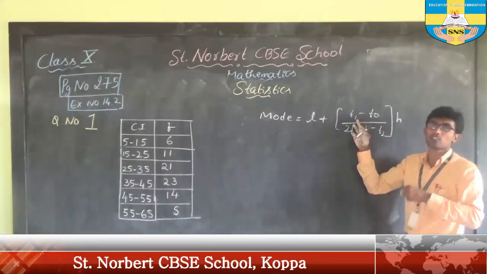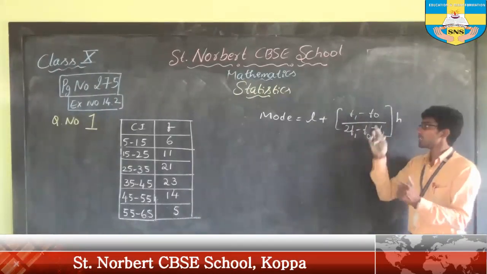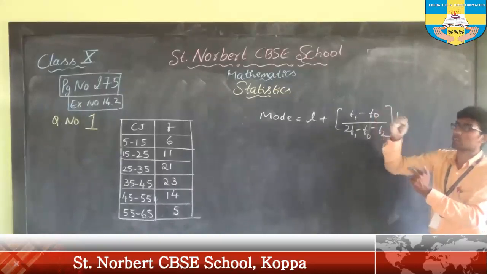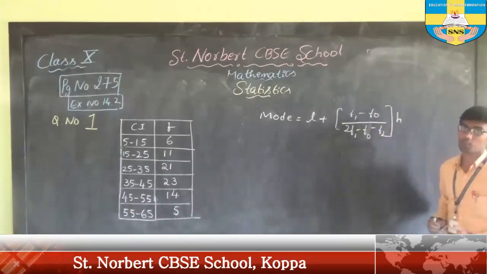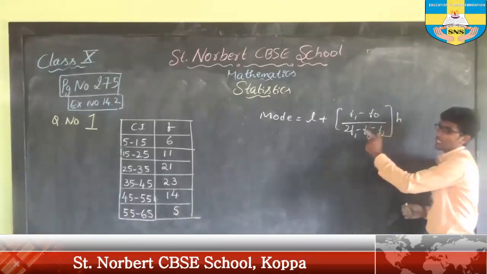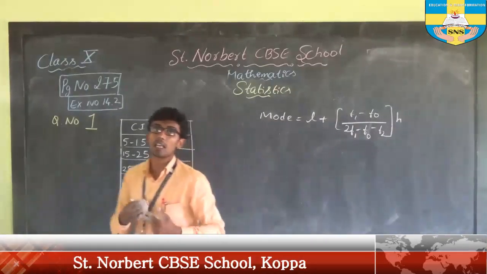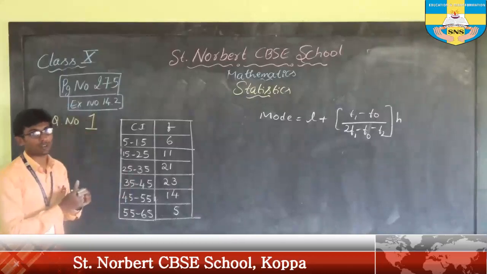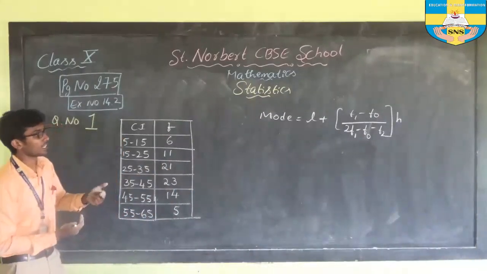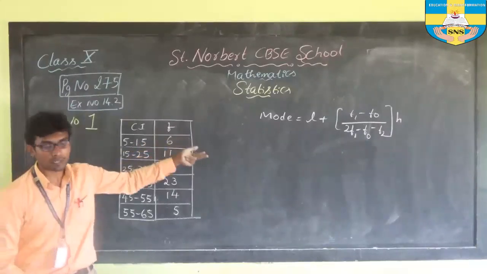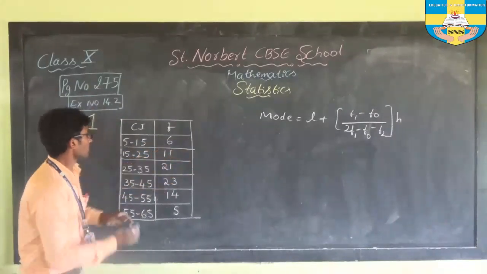Then F1 is the frequency of the modal class, F0 is the previous frequency of the modal class, F2 is the next frequency of the modal class. H is nothing but the class size, how many elements are present in every class interval. You don't require any further columns when calculating the mode, since it is a very simple way of calculating the answer.